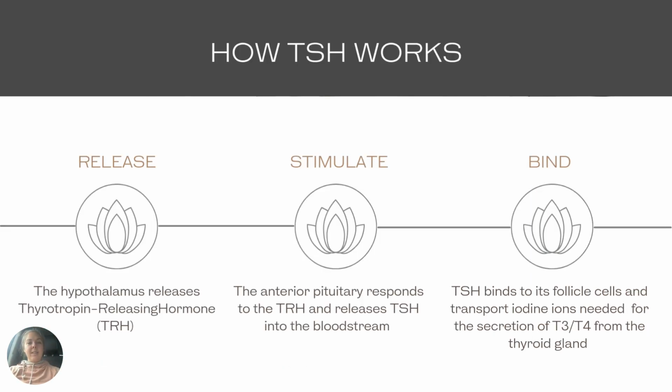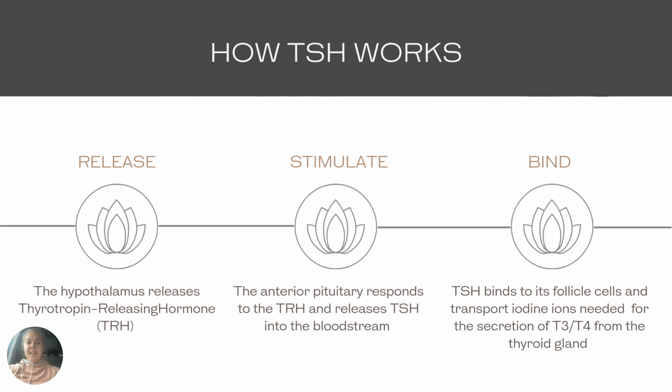So how does TSH work? First off, it's released by the hypothalamus. The hypothalamus releases the thyrotropin releasing hormone, which then travels down to the anterior pituitary, and that stimulates it to respond and produce and release the TSH into the bloodstream.